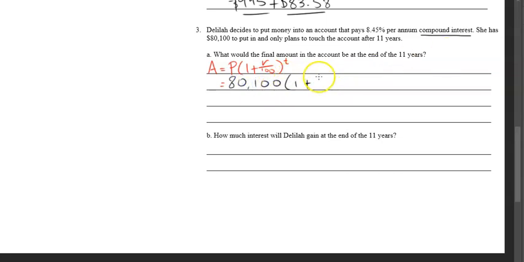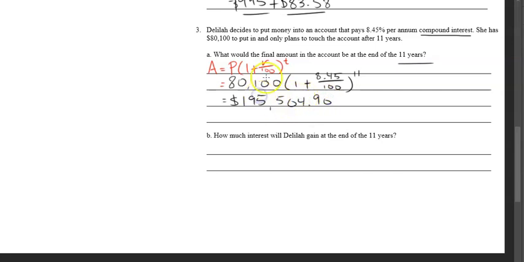The rate that the bank is offering is 8.45%. And the time frame is, we're seeing, after 11 years. When you calculate this, you'll end up getting $195,504.90, which is a big jump.